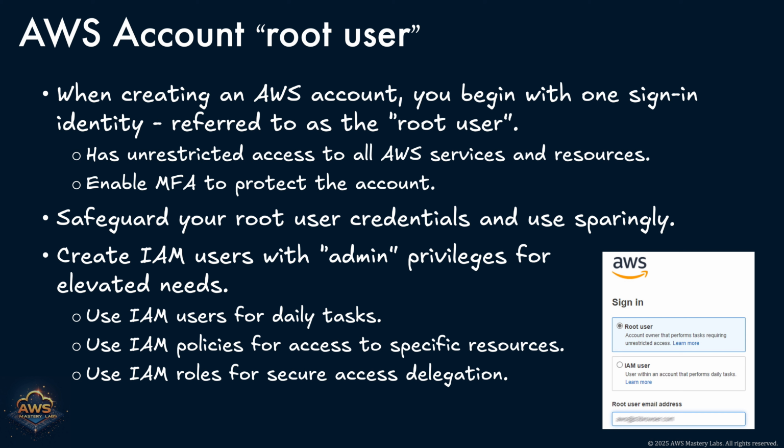For everyday tasks, stick to IAM users and manage their access using IAM policies to grant permissions to specific resources. And when you need to allow secure temporary access to services or resources, for example between applications or accounts, use IAM roles for secure delegation. In essence, treat your root user like your cloud's crypto wallet. Protect it, lock it down, and only bring it out when absolutely necessary.